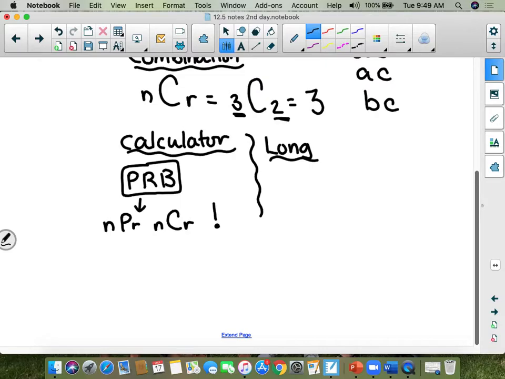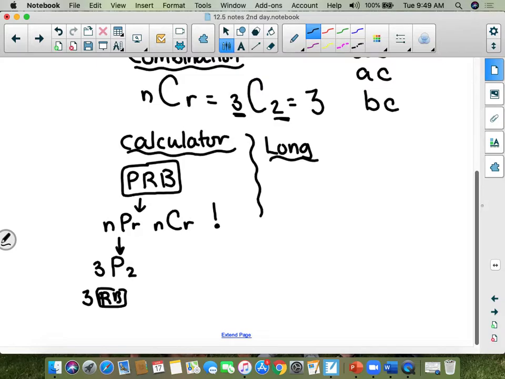So why don't you clear out of it? And we're going to do this one first. We're going to do 3P2. All you do is hit the 3, then go under the PRB button.